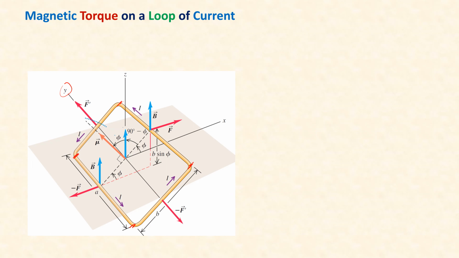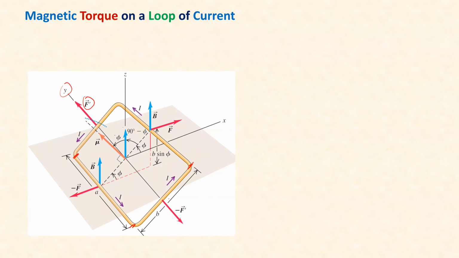The force on the opposite side, because the current is in the exact opposite direction, the force will also be in the opposite direction. So this force is in the X direction. This other force is in the negative X direction, okay? And they have the same magnitude because the currents are the same, the magnetic field is the same, and the length is the same. And the force on this side, if the current is down this way, if you do I cross B, you see that the force is in the Y direction, right?